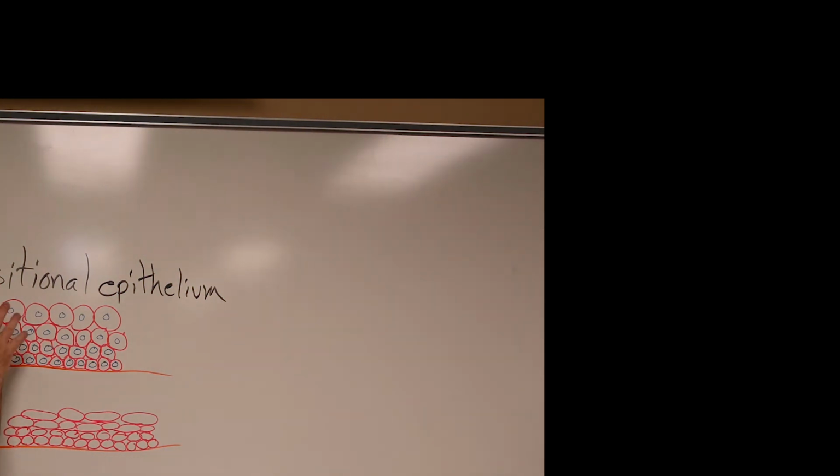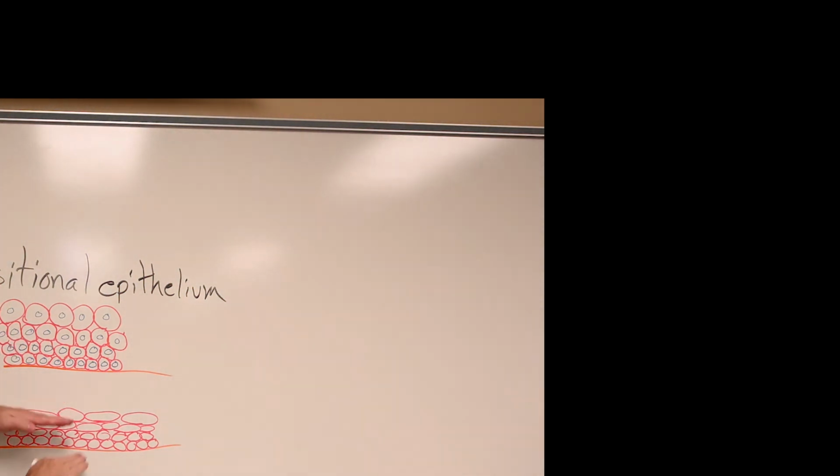So in the stretched state, the transitional epithelium has thinner layers all the way around there, but the cells at the surface are a little more flattened. They're not squamous. They're just not as round as they were before. So they undergo this change in shape. They're transitional.